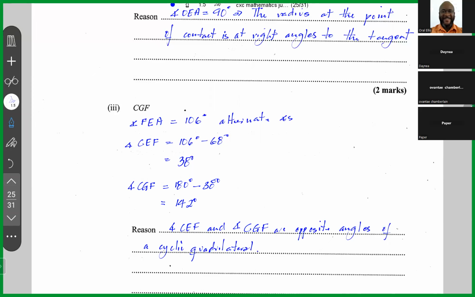And opposite angles of a cyclic quadrilateral are supplementary, which means that they add up to 180 degrees.